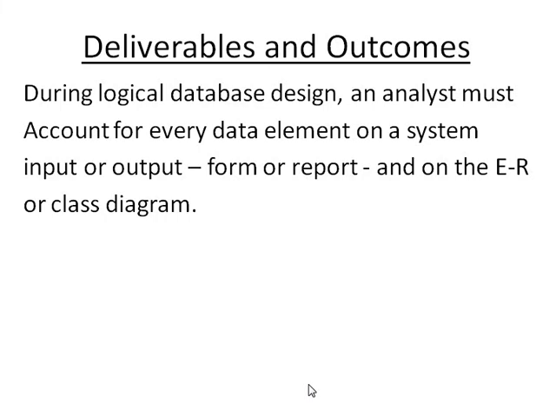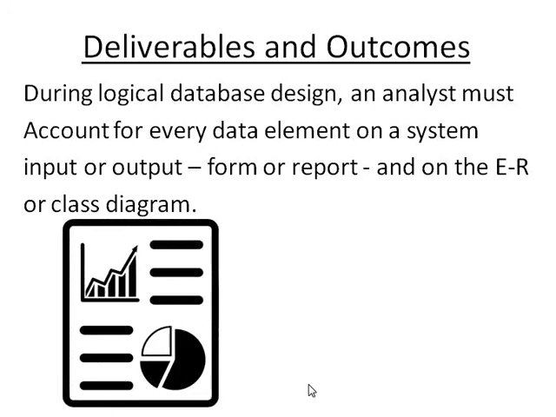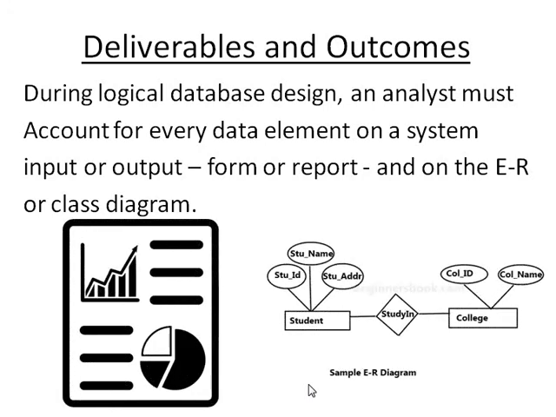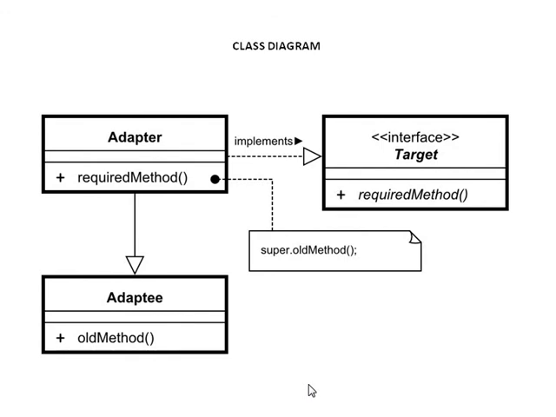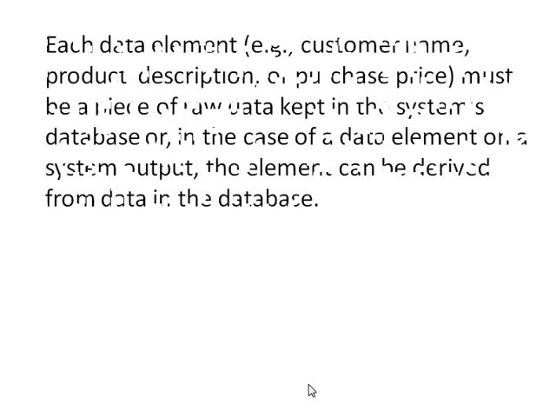He has to take into consideration each and every element on a system, whether it is an input or an output, whether it is a form or a report, or it can be an ER diagram, or he also has to consider a class diagram, programmatically.